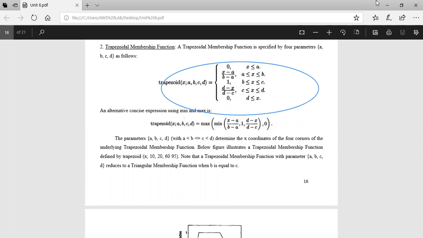Just as we represented the expression of the triangle membership function with min and max, here also we can represent it by using max and min. So trapezoid of x colon a comma b comma c comma d is equal to max of min of (x minus a) by (b minus a) comma 1 comma (d minus x) by (d minus c), bracket close, comma 0.